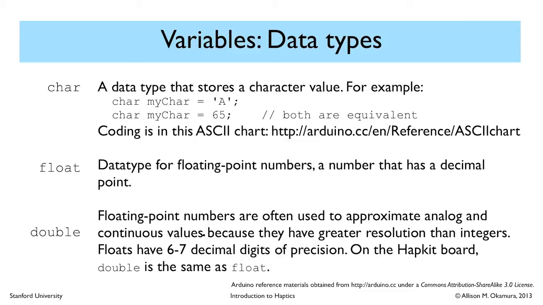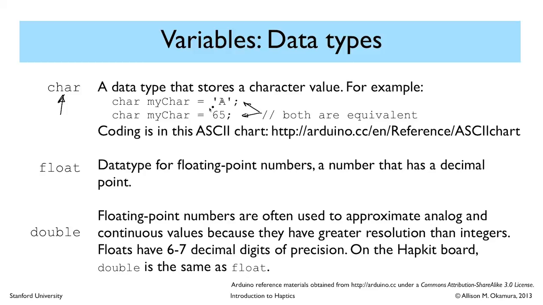Other data types include character. If you want to print things to the screen through the serial monitor, for example, the character type is useful. It's a data type that just stores a character value. So for example, you can have a character which is the letter A, and here the A is in single quotes. You can also say that this character is equal to the number 65, and both of these examples are actually equivalent.